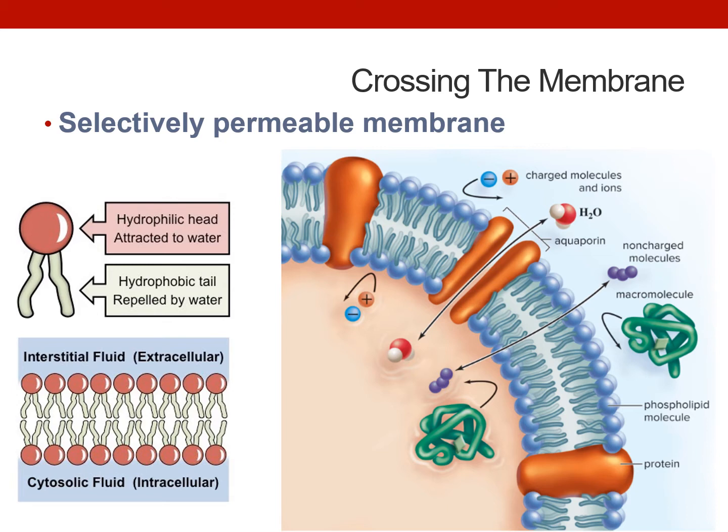Most small hydrophobic molecules that have no charge can easily cross the membrane because they are not repelled by the hydrophilic heads of the phospholipids. Large molecules that are too large to cross the membrane must be brought into the cell by engulfment.